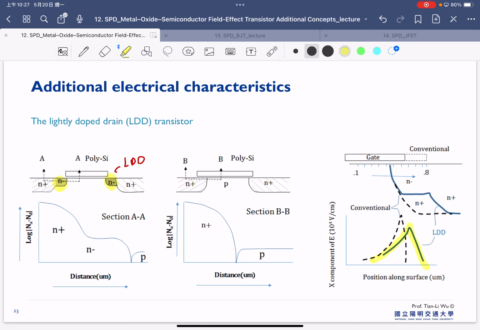This is due to the LDD. So the conclusion is that once we employ this LDD design here, we can reduce the peak electric field in the drain side.